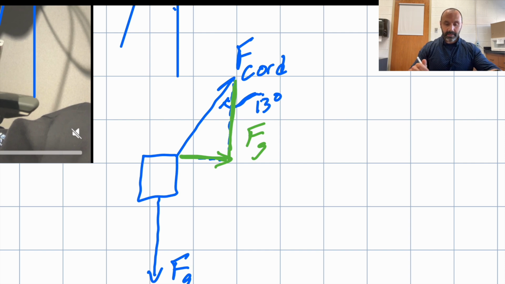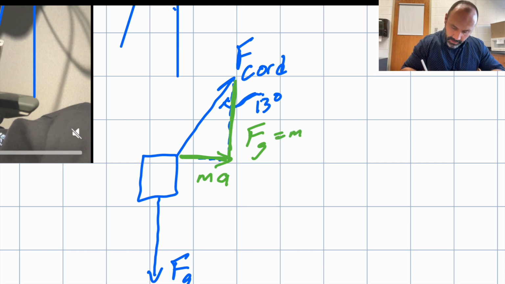And so that tells me this is m, the mass of the charging block, times the acceleration of the airplane, because this is what's keeping it up with the airplane as it's accelerating. Now, Fg is also equal to mg. Okay, so take a look at what I've got here. This angle, and then I have ma and mg. This is tangent, because ma is the opposite side, mg is the adjacent side.